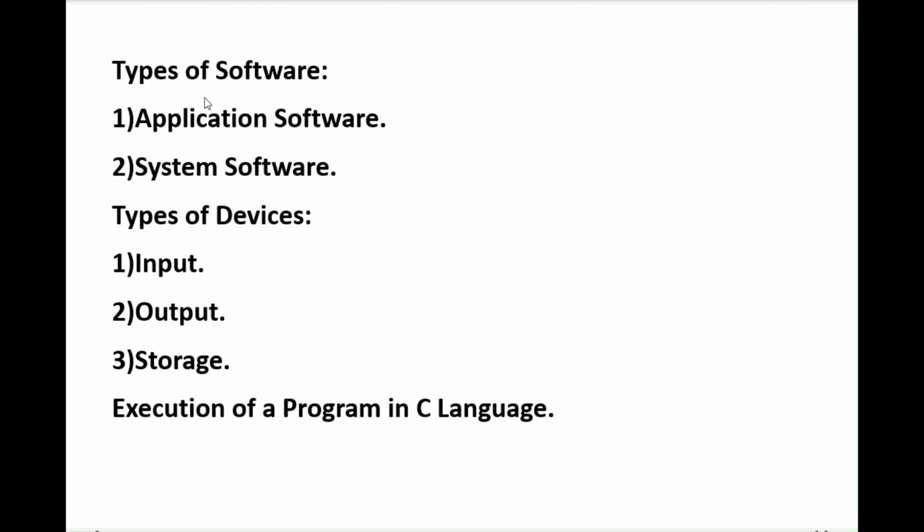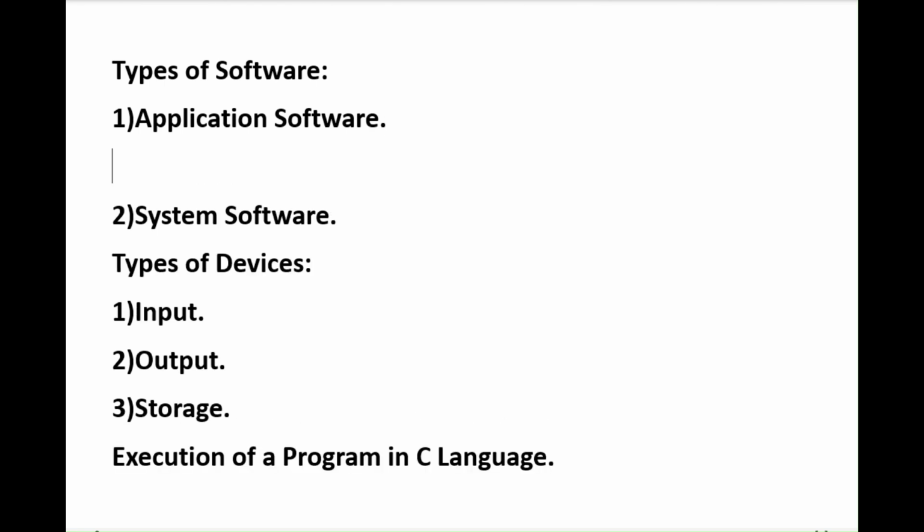First of all, types of software. There are two types of software: application software and system software. So what comes under application software?